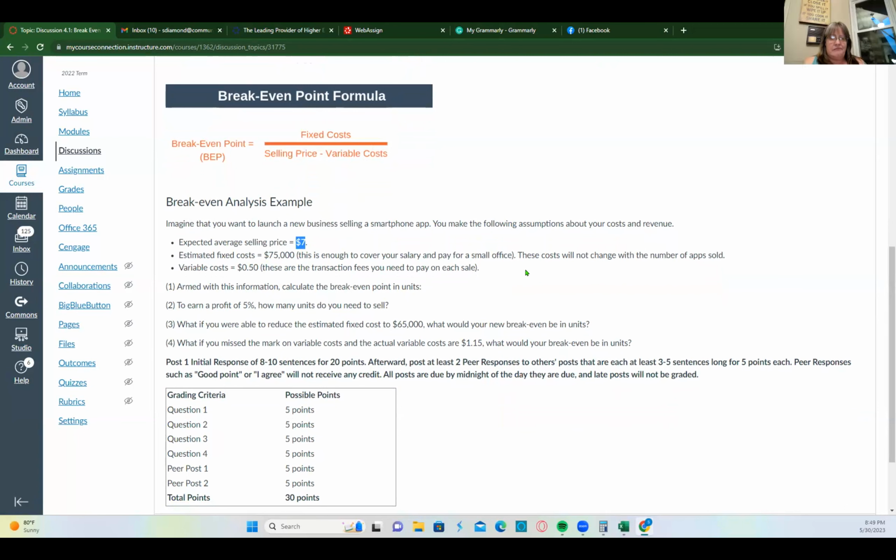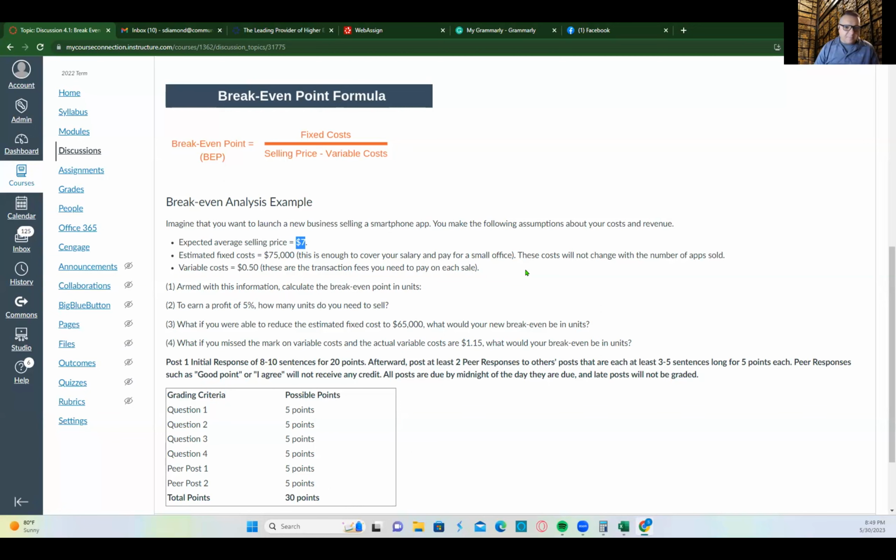Right. You guys know the difference between fixed costs and variable costs, right? Sure. Okay. Well, fixed costs are costs that don't change no matter how much business you do. Your mortgage or lease on your building, right? Your management salaries.